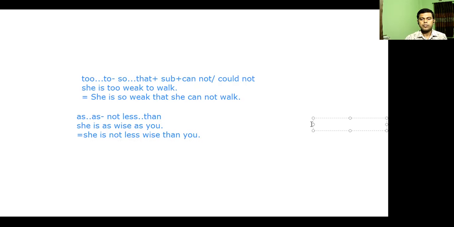So, go to the next. If there is "many" in an affirmative sentence, then this "many" will be replaced with "not a few." Not a few. Suppose the example is: there are many students in the class.